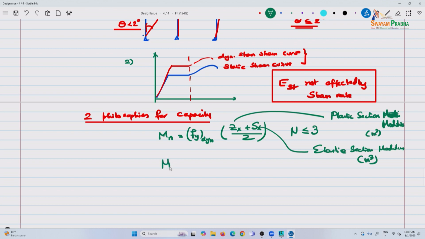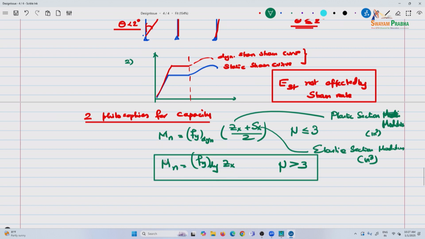Or if it is fully restrained, Mn is Fy dynamic multiplied by Zx, especially if the ductility mu is much greater than 3.